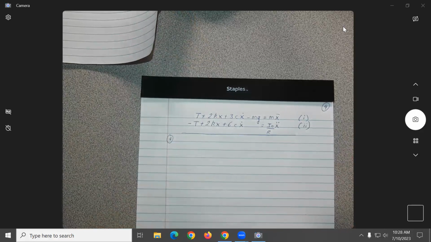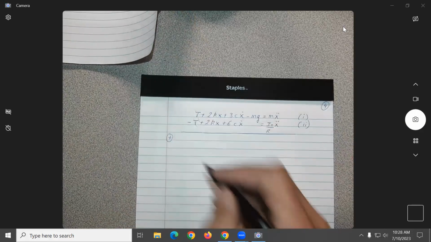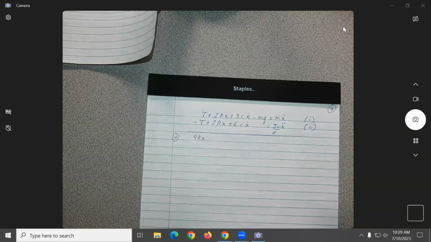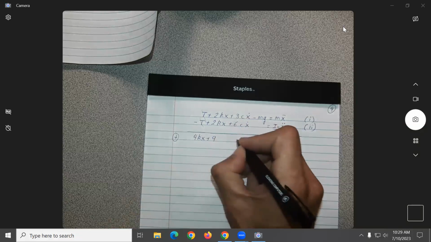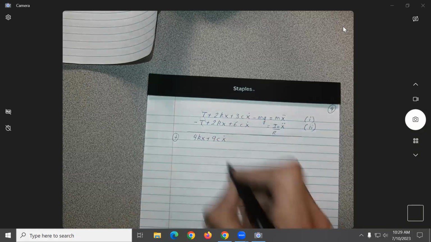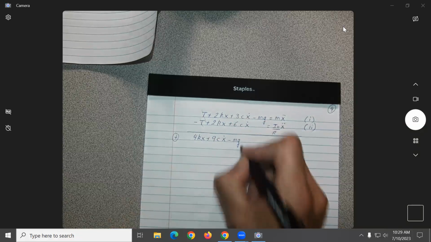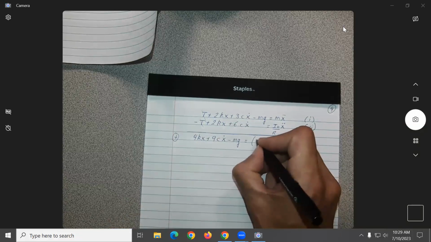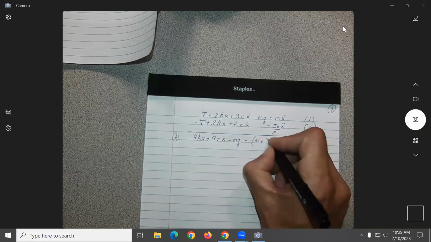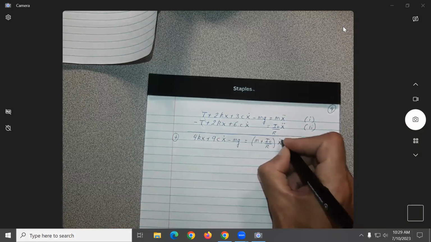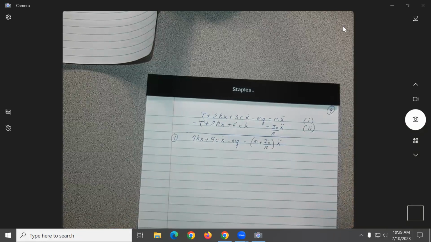So this then will cancel with this T, and we have 4kx plus 9cx dot minus mg equal to m plus I sub naught over R x double dot.